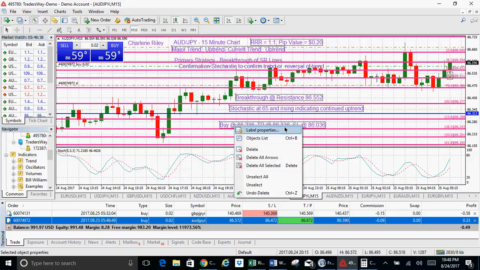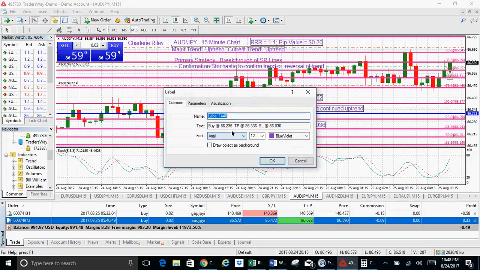And so because of that, I entered into a buy at 86.572 to take profit of 10 pips at 86.672 and a stop loss of 86.472.